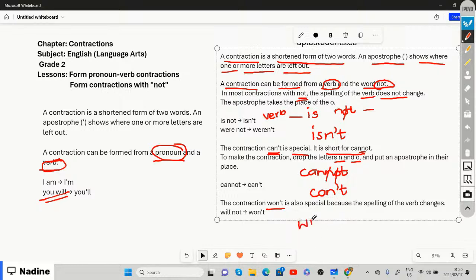So I will not take out the trash. Then you basically say, I won't take out the trash. But if we shorten this word, won't is very far from will not, especially the letters. So in this case, the spelling of the verb then changes.